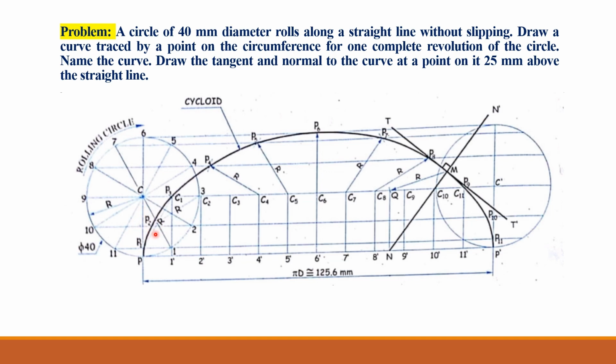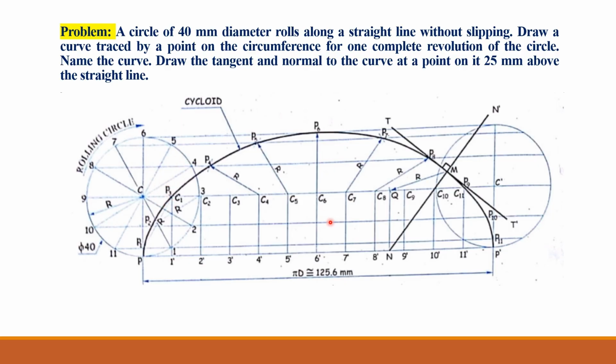Then put the compass at center C3 and cut the line passing through the point 3 on the circumference of the circle.